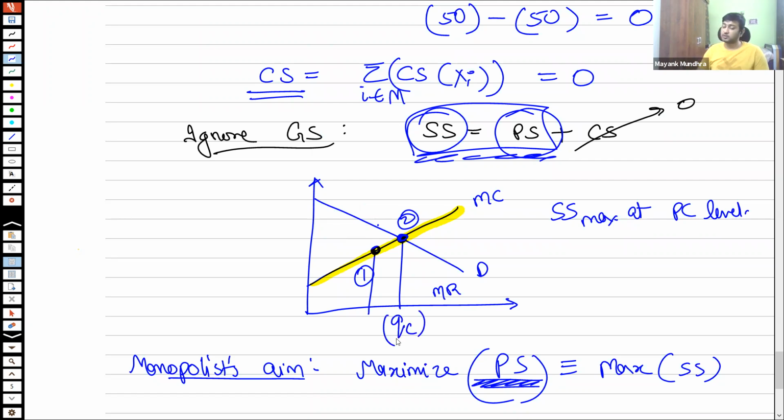The quantity which will be supplied to the market will be the competitive level of quantity. Without discrimination, he was supplying the market a QM level of quantity, but with discrimination, he's going to supply more to the market.